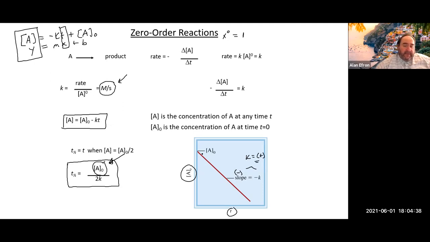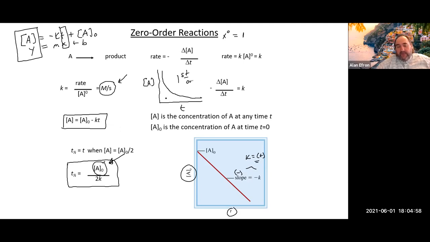Now you may be looking at this graph and go, I think I saw that was first order. And we did see that graph with first order, which was the concentration of A versus time. But what we saw with first order was not a linear relationship. We saw this sort of decreasing with time relationship, first order.